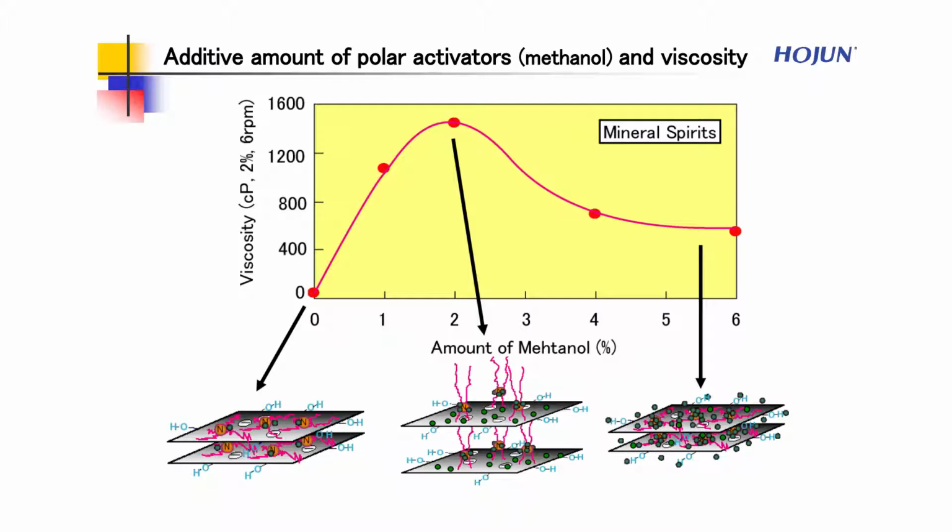At a suitable amount, there is sufficient swelling, enabling effective dispersion through agitation, etc., leading to an increase in viscosity. If an excess amount is put in, the increase in solvent with a high polarity will begin to cause flocculation. There is an appropriate organic bentonite and an optimal amount of its polar activator for the solvent to be used.